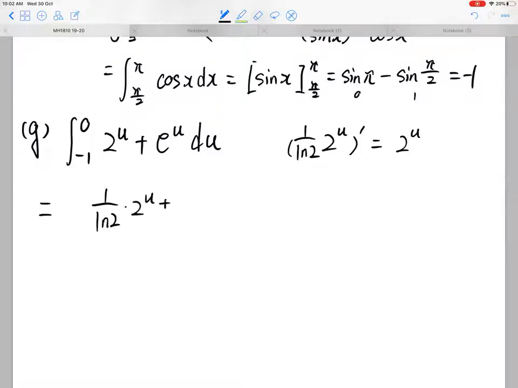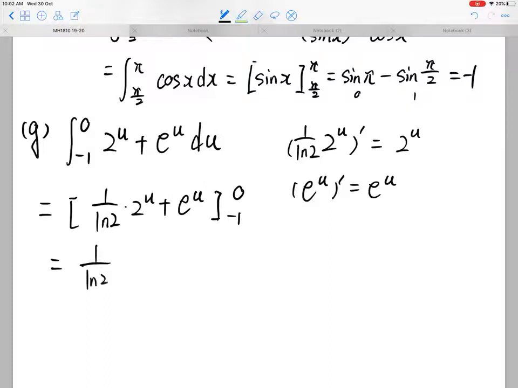For e to the power of u, the derivative is e to the power of u, so its integration is still e to the power of u, from negative 1 to 0. So when u is 0, it is this. When u is negative 1, it is this.